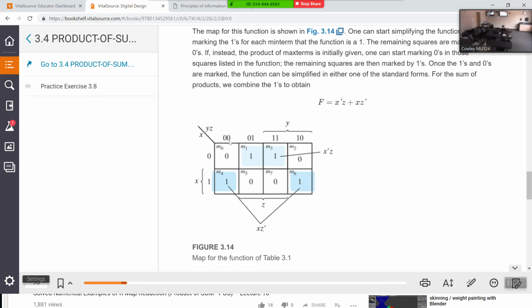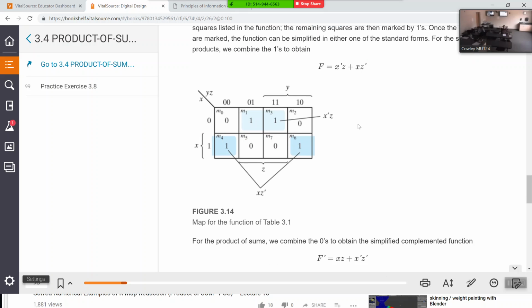And then for this column, z is 0, and for this column, z is 0, which is why the z prime is there. Okay, so we have that. Then for the product of sums, we combine the zeros to obtain the simplified complemented function. So we get xz.